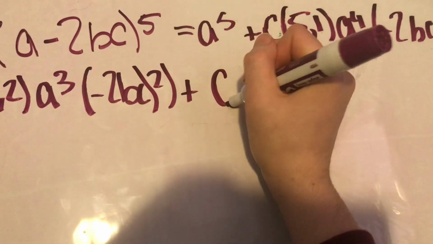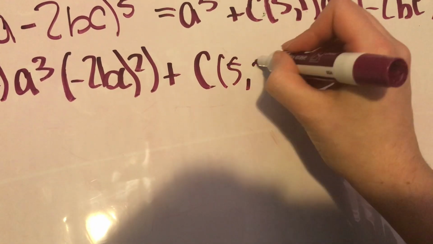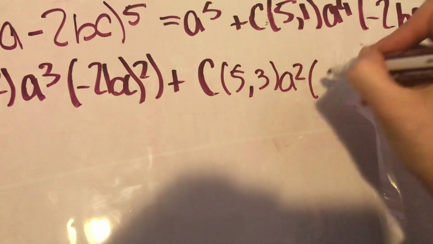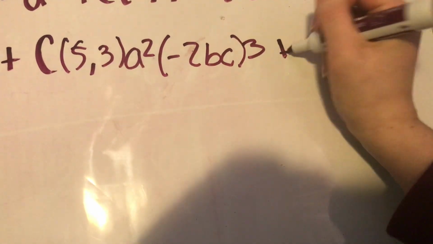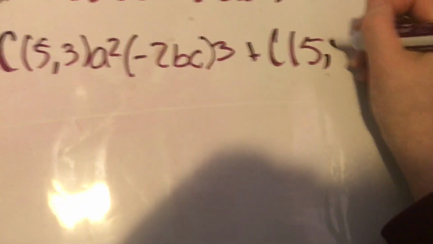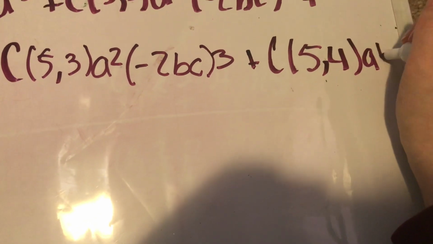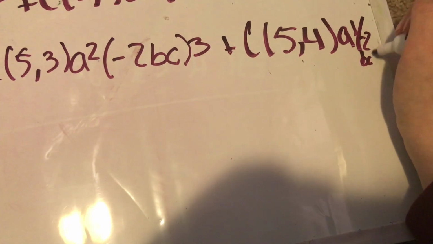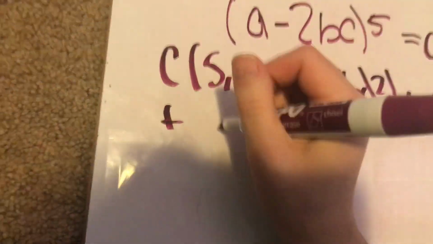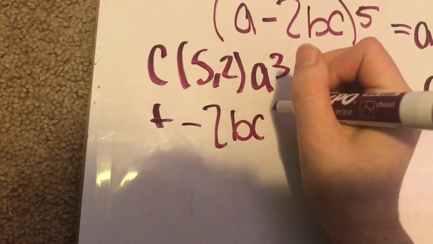Plus C(5,3) times a to the second times (negative 2bc) to the third plus C(5,4) times a to the first times (negative 2bc) to the fourth. Sorry, I ran out of room there. And that is plus (negative 2bc) to the fifth.